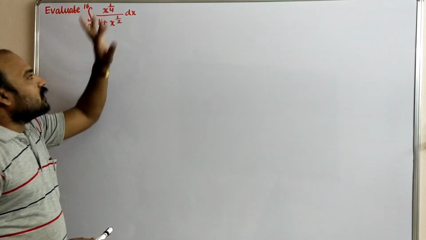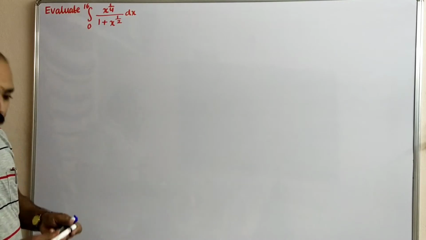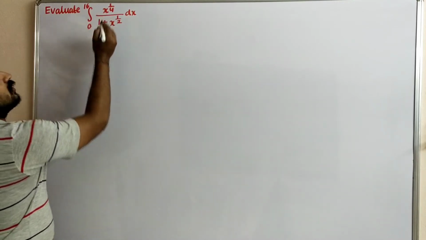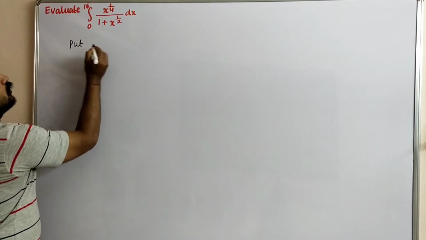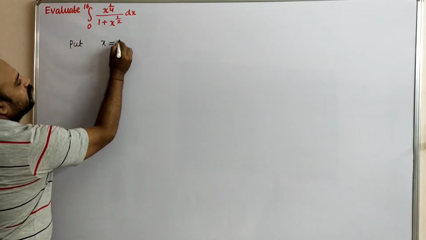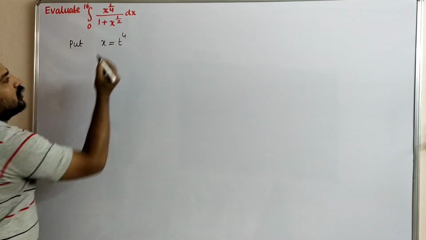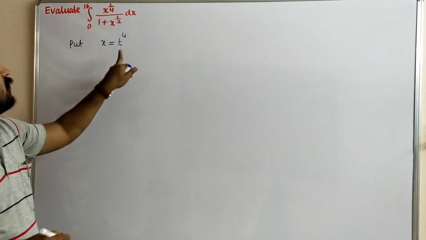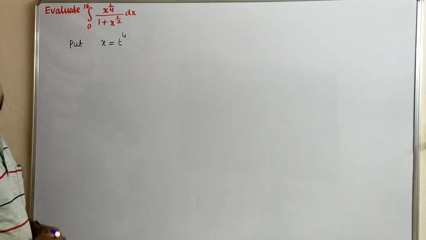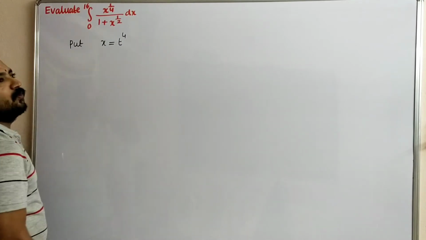So to remove the radicals, we need to assume the value of x, put x is equal to t power 4. Why are we taking only t power 4? The LCM of 2 and 4 we are taking as an assumption. So x is equal to t power 4.